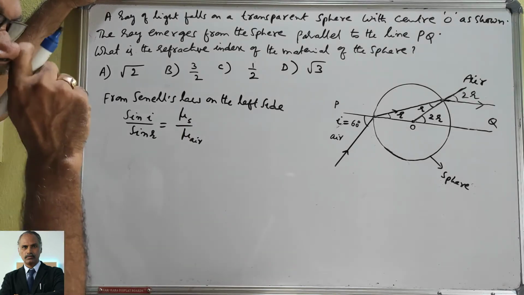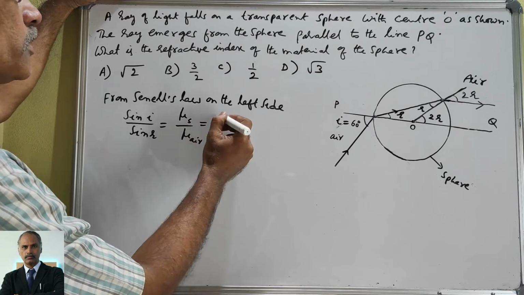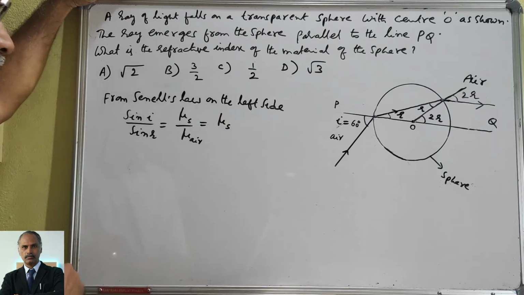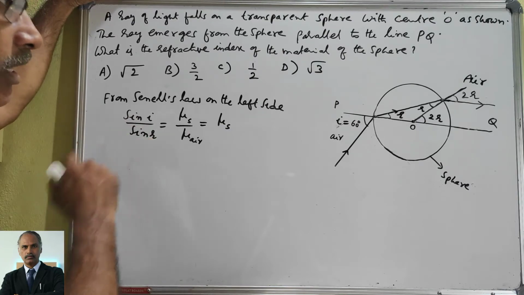The refractive index of air is 1, so this is mu s. I is given as 60 degrees. So now we find what R is.